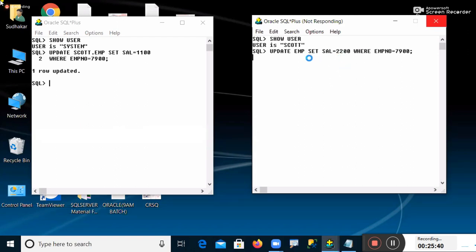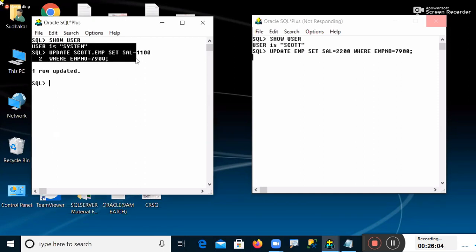Why is it waiting? Because the same operation on the same table and the same row has already been performed by the system user. Which operation? The update operation.